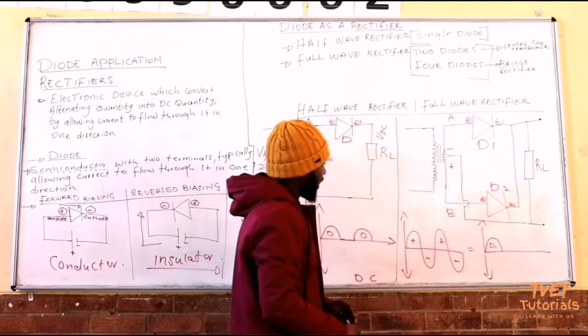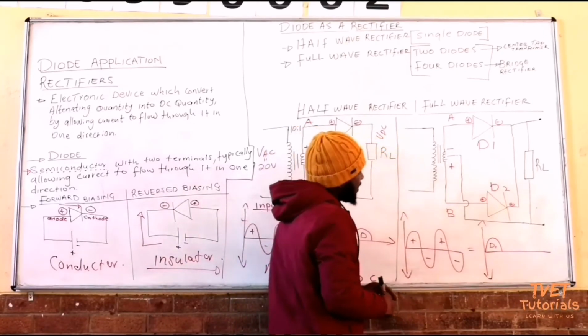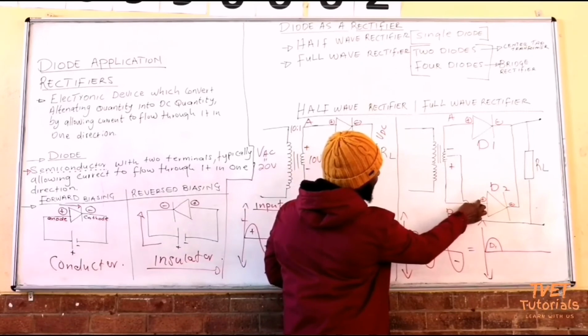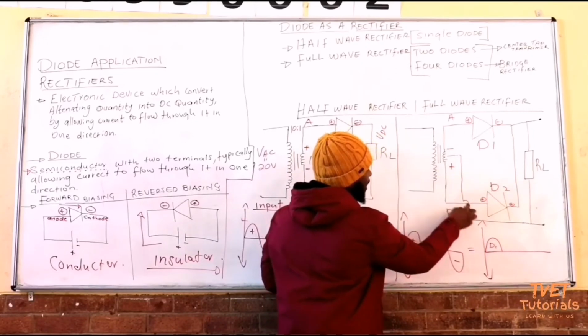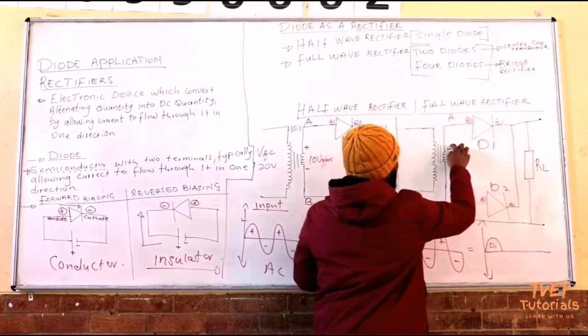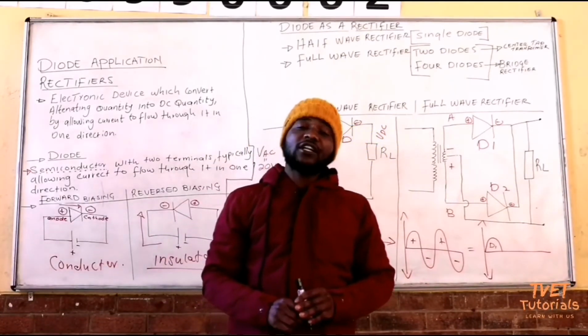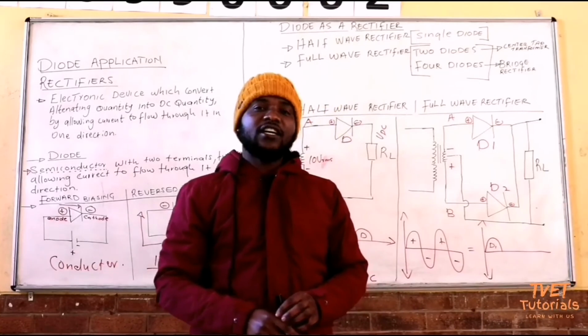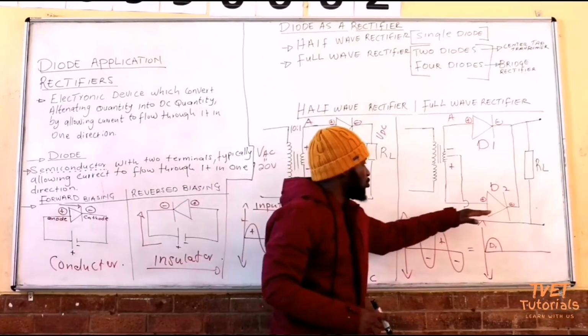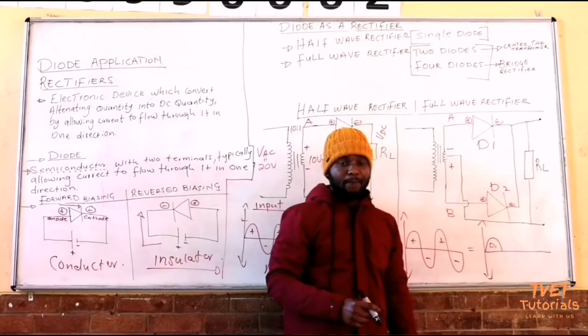But D2, let's check during the negative half cycle. You have a plus connected to a plus, and a minus connected to a minus. So this diode D2 is connected in forward bias mode. It will then conduct. It will allow current to pass through.